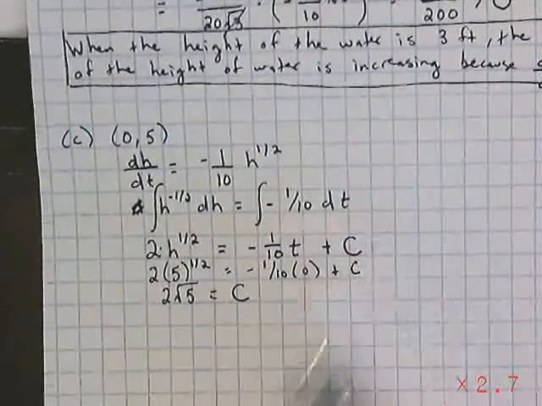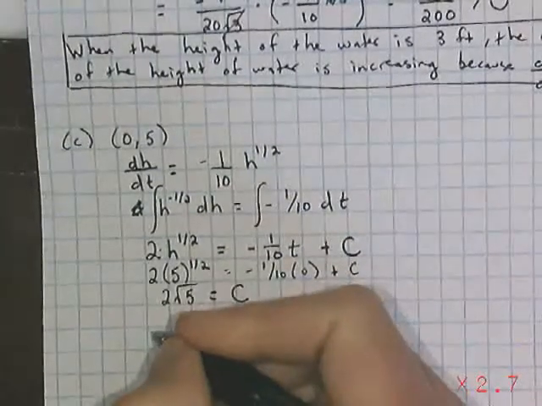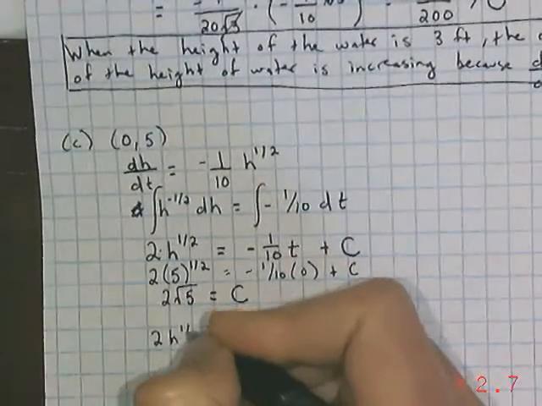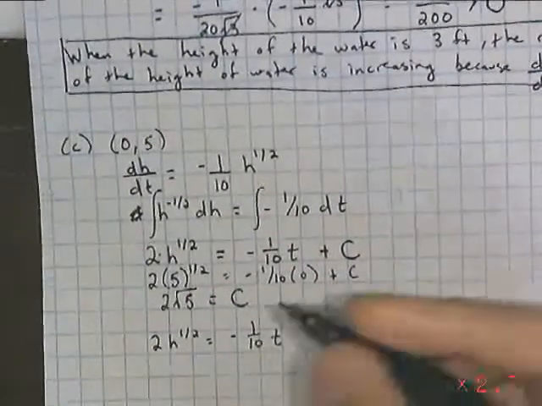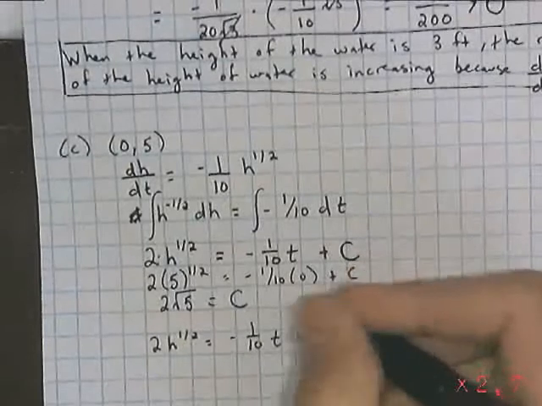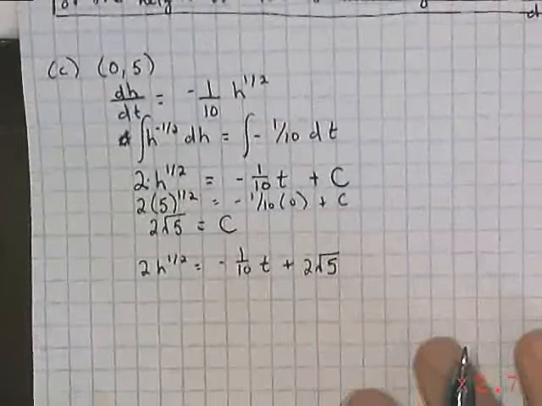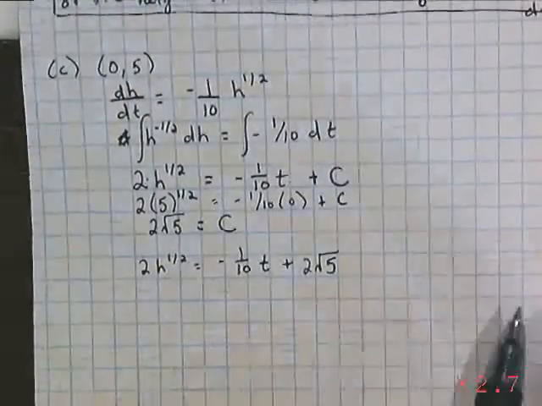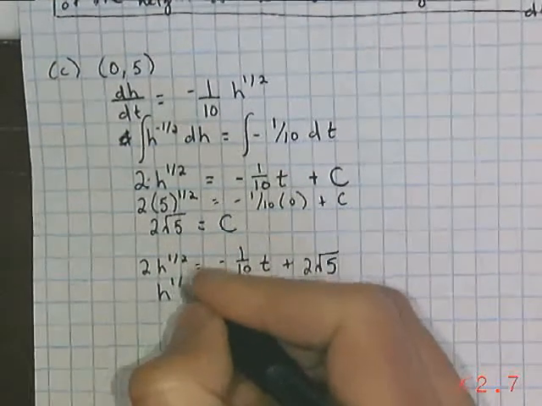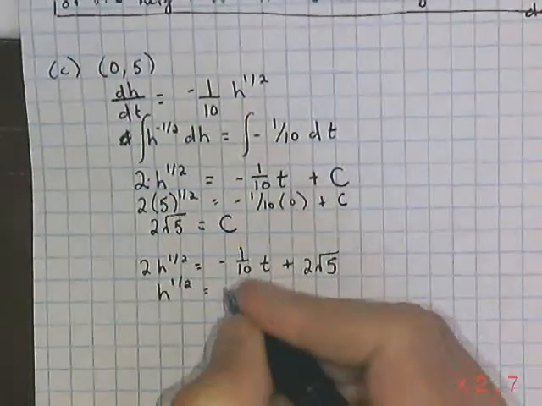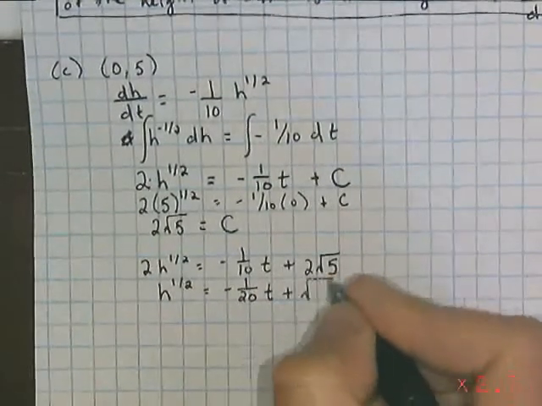Okay, so now we will go through and actually find the h of t. So we have 2 times h to the 1/2 is equal to negative 1/10 t plus this newfound value of c, 2 root 5. I want to solve for h. Divide everything through by 2 to get that h to the 1/2 is equal to negative 1/20 t plus root 5.